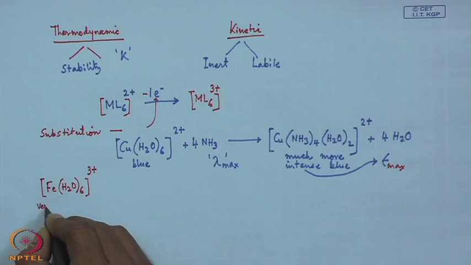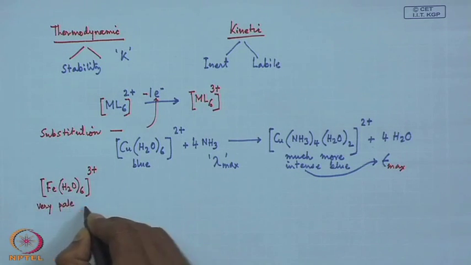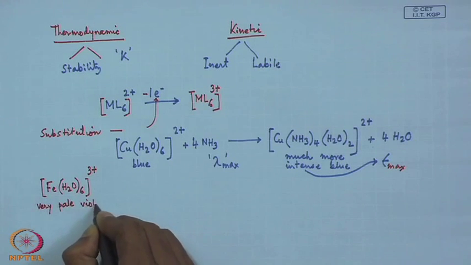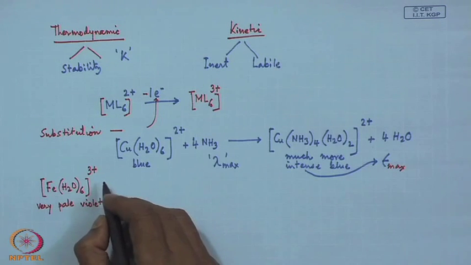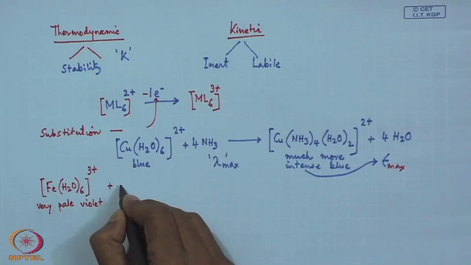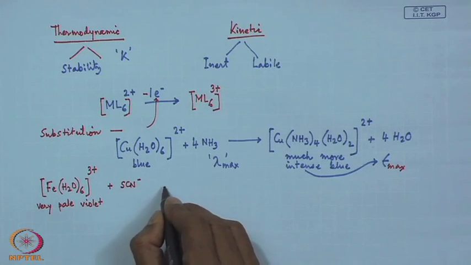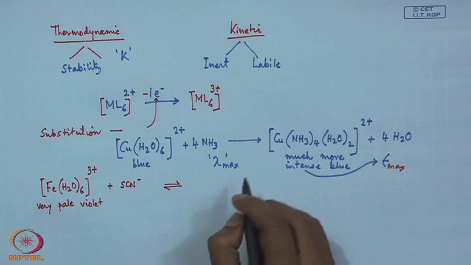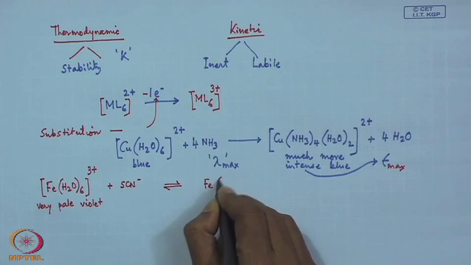So, very pale, very light, very pale violet in color, which when reacts with thiocyanate anion, and this reaction is in true sense reversible in nature.